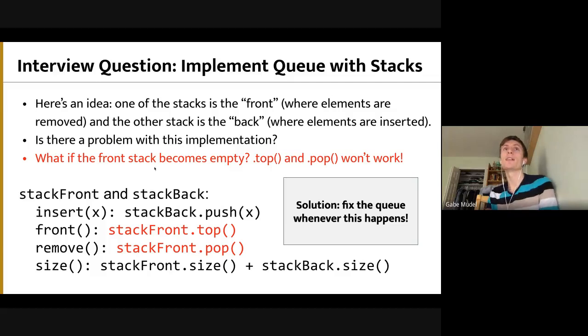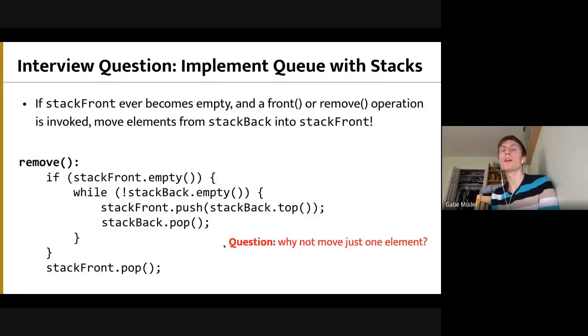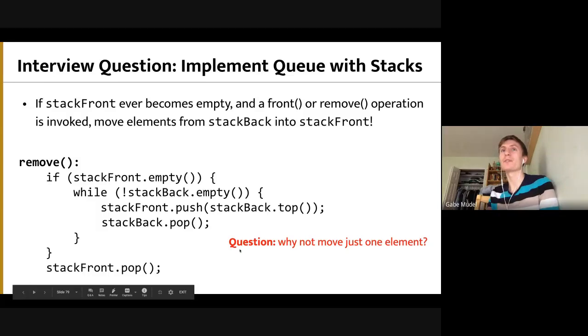And again, like this red part was saying, if the front stack becomes empty, we have an issue. But then when that happens, we can just move everything to our front stack. It's a little tough to explain without a visual, so hopefully we'll get to that.